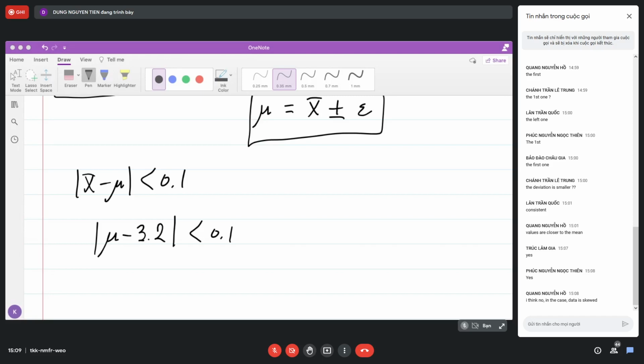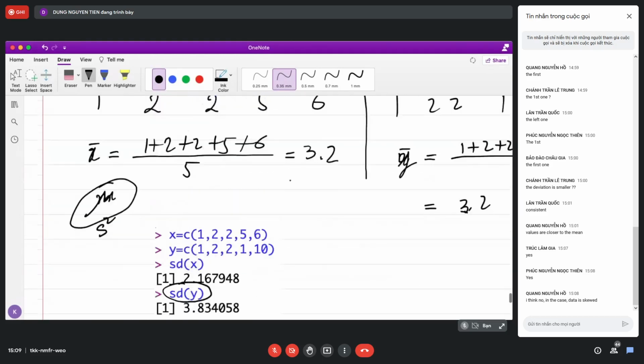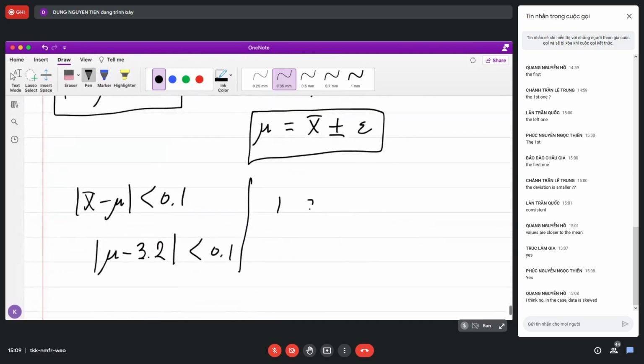That is right. The answer is no. Why? Well, suppose that you get 1, 2, 2, 5, 6. But there's a chance, not that the chance is very big, but there is a chance that you get the measurement 600.